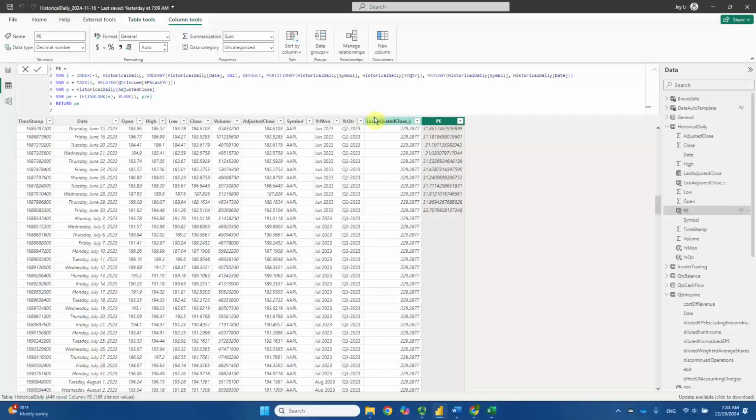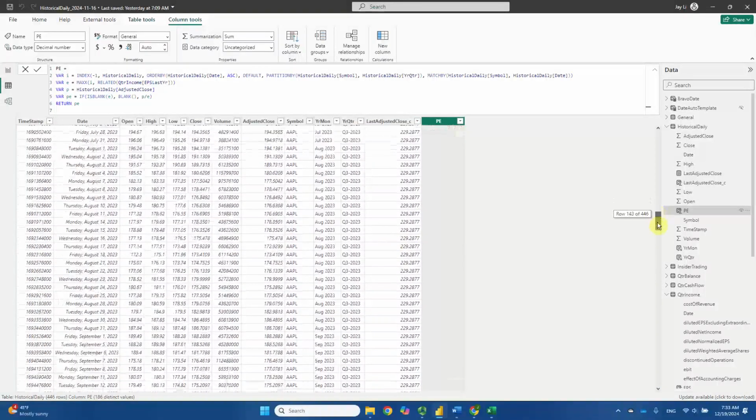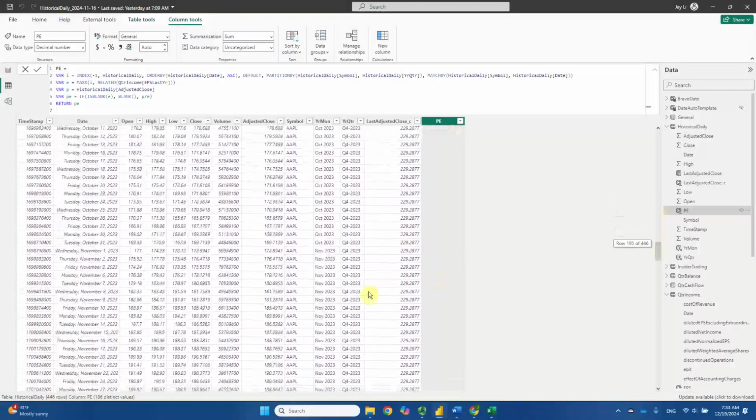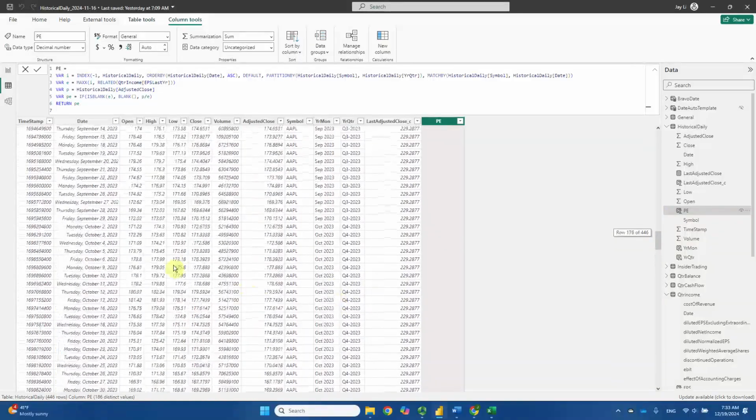So let's take a look at the last trading day of the third quarter of 2023. Let's scroll down all the way to September of 2023. Okay, so here we go. You notice the last trading day of the third quarter is September 29th.